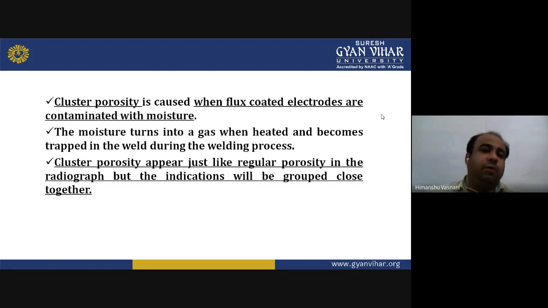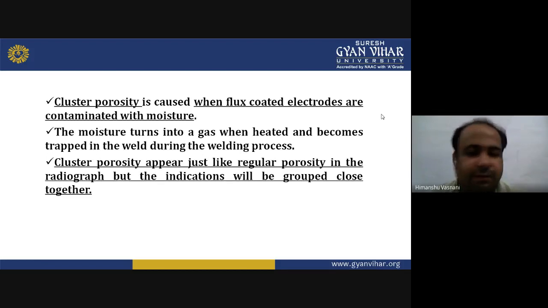Now cluster porosity. Cluster porosity is caused when flux coated electrodes are contaminated with moisture. The moisture turns into a gas when heated and becomes trapped in a weld during the welding process.